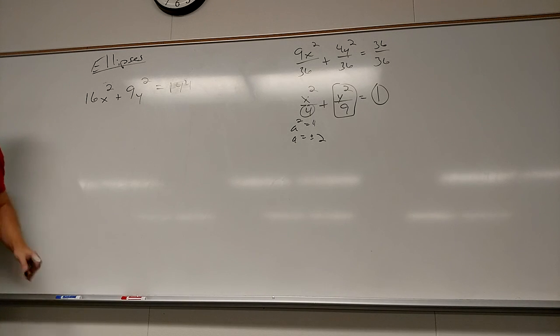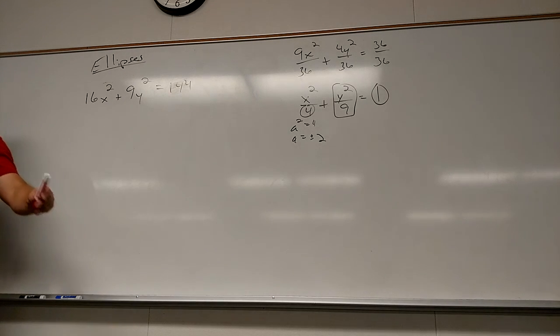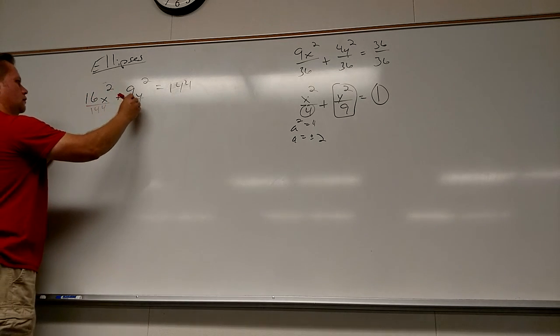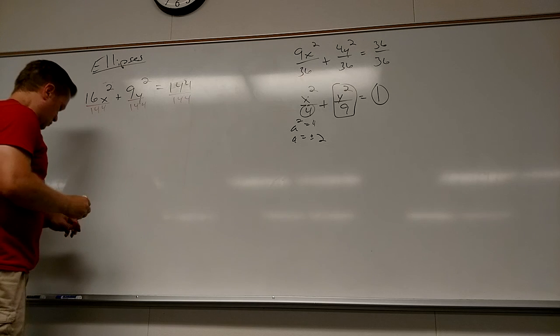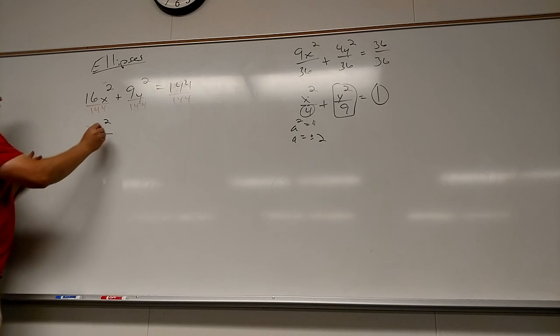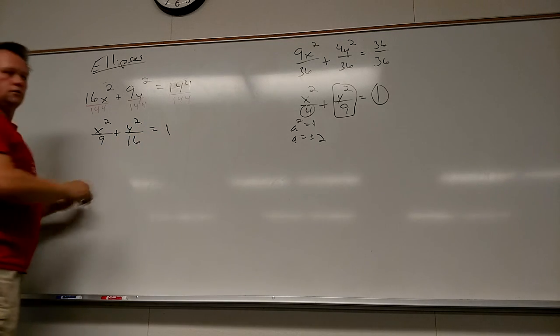So what's the first thing I need to do? Yeah, divide by 144. So then you get x squared over 9 plus y squared over 16 equals 1.